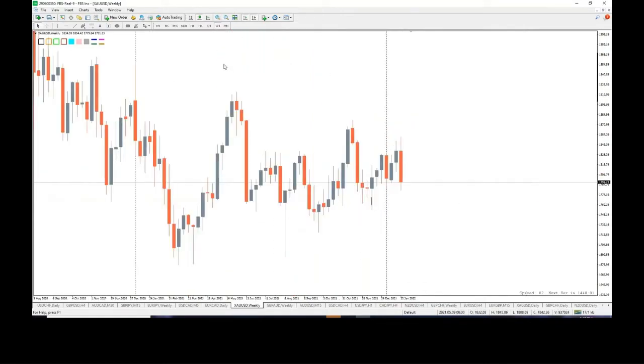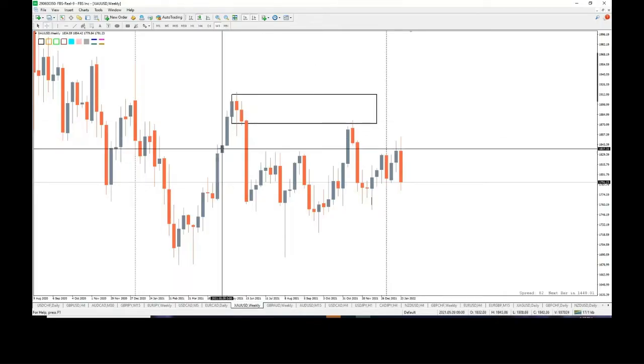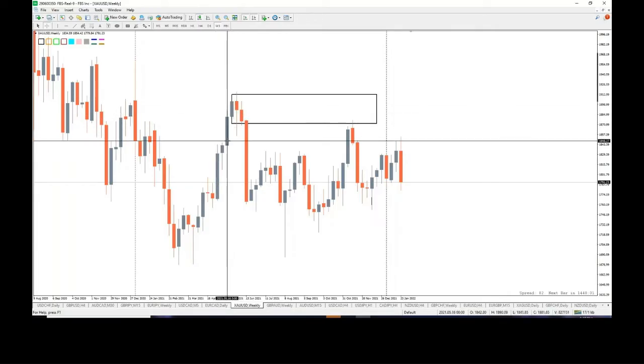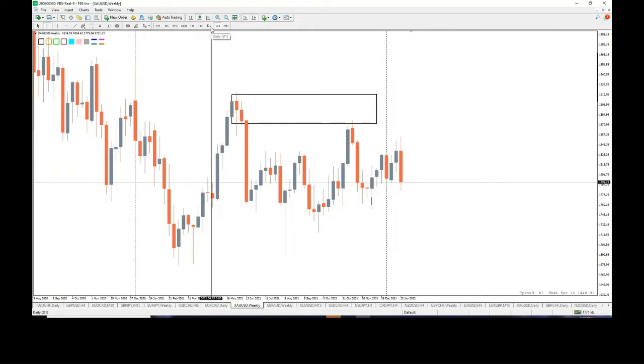Let's suppose we have an engulfing sell. So where is the engulfing fail? You can see, a long way down.